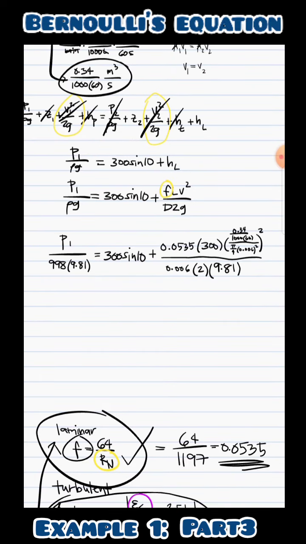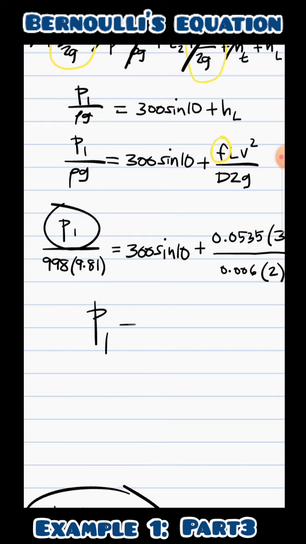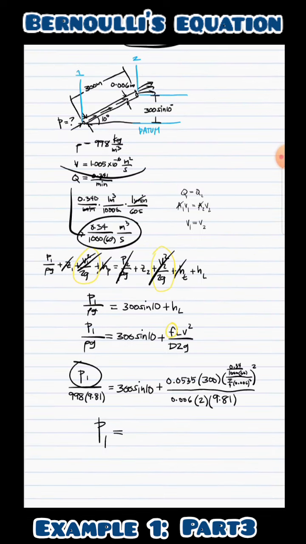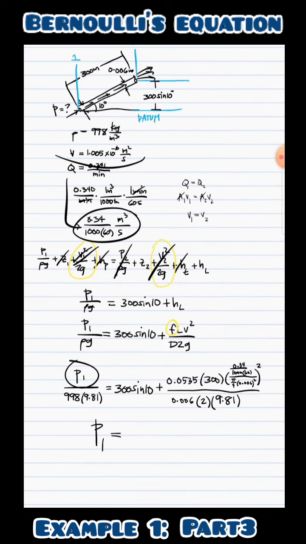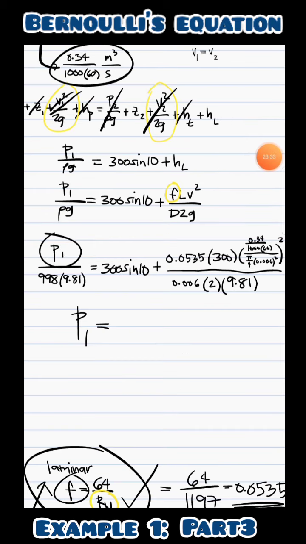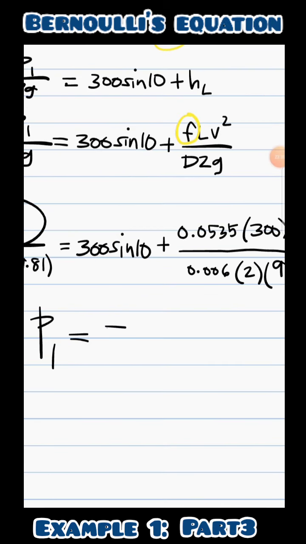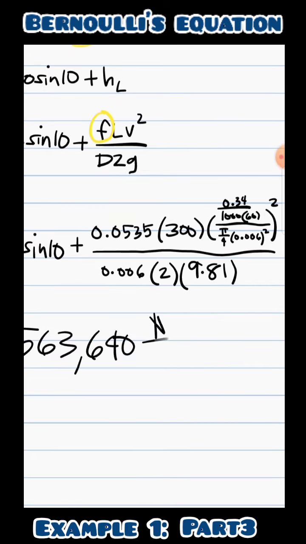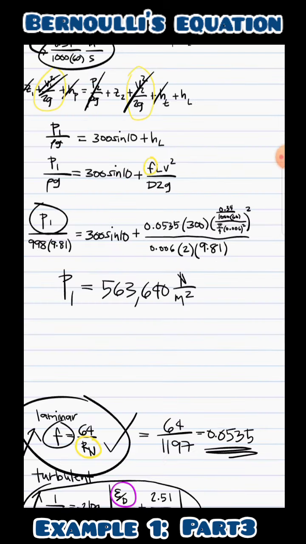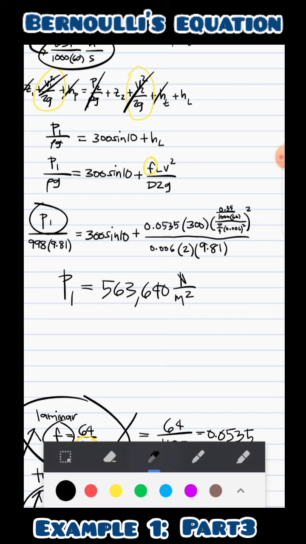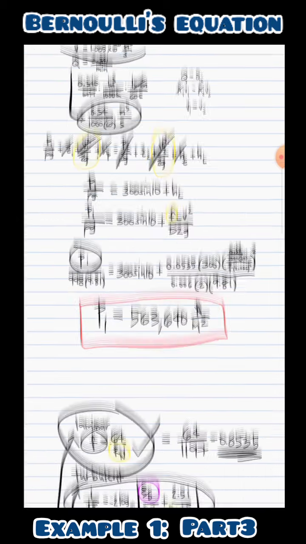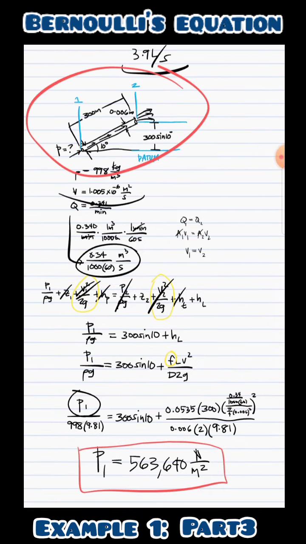Now, the only unknown is P1. So the pressure at point 1 that we're asked to solve is going to be 563,640, of course Newton over meter squared or pascals. So this is now the answer to this particular problem.